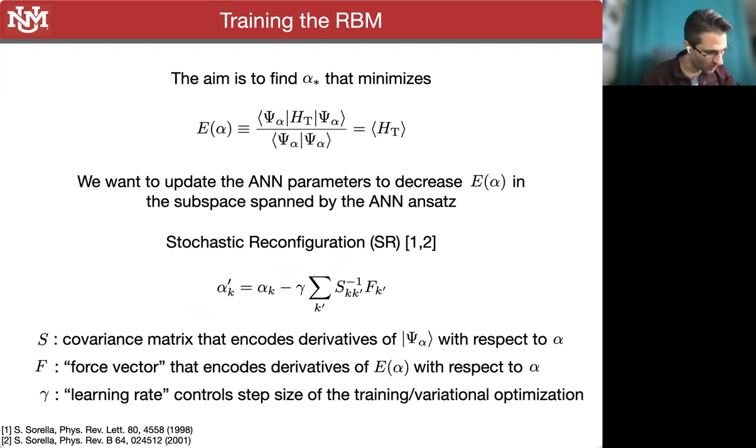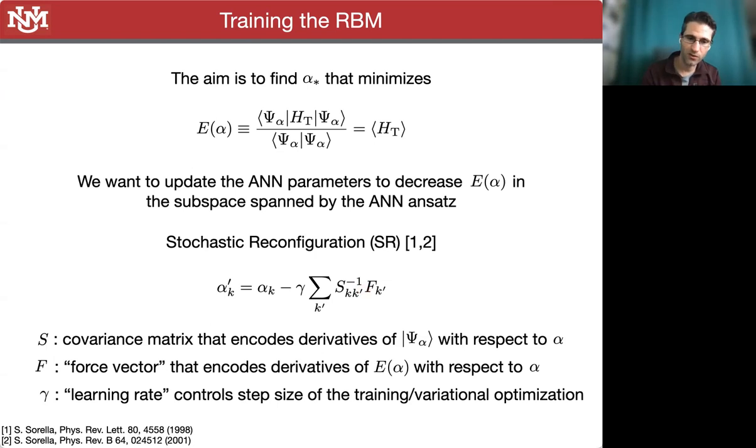Right? So this is what the parameter was before the update. This is the new updated parameter, and you update it according to this, where S is basically a covariance matrix that encodes the derivatives of your wave function with respect to the RBM parameters. F is basically a force vector.